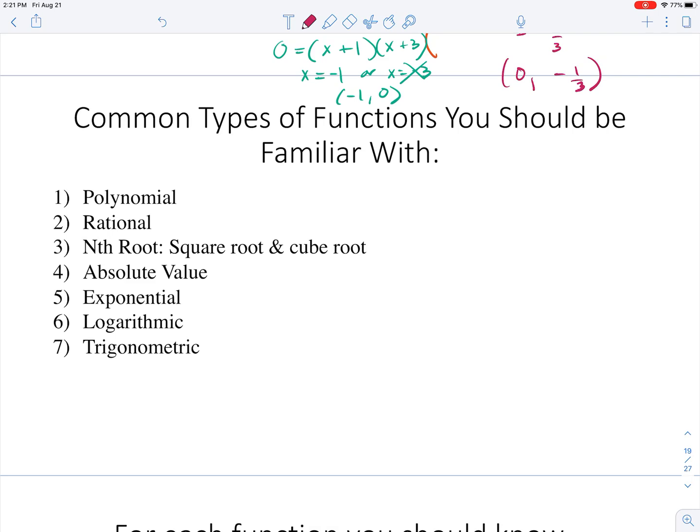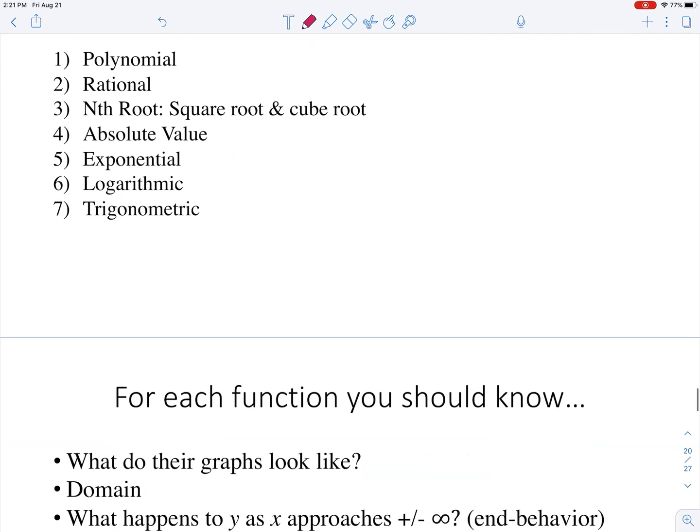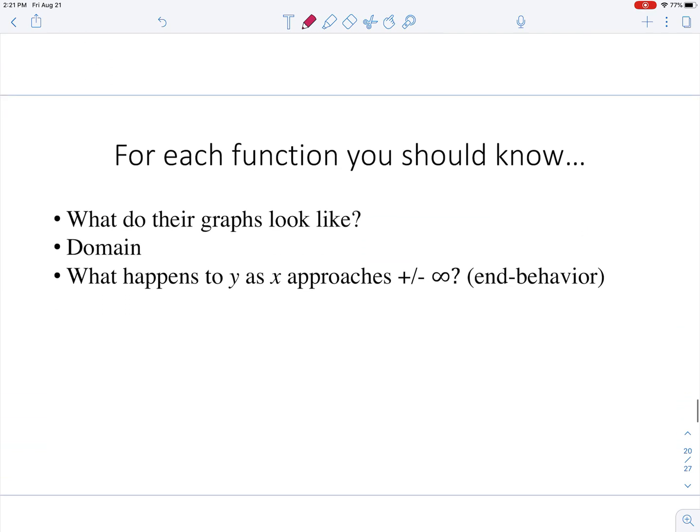Okay, so these are the common types of functions that you should be familiar with that you studied in Algebra 2, Pre-Calc, and we're going to be working with these functions all year. So for each of those functions that are listed above, you should be able to picture what their graphs look like, have an understanding of what their domain is or how to find it.